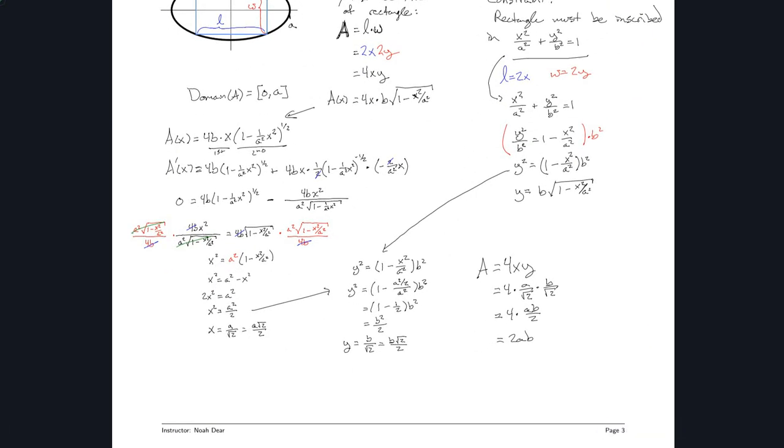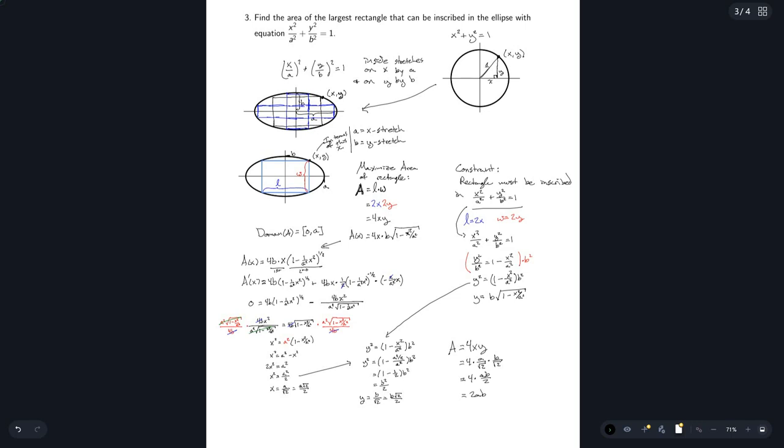So rather than me giving you one problem where a is 3 and b is 2 or something like that, and then you have to go through the process, and then another problem where a is 5 and b is 7 and you have to redo the entire process again, by generalizing a and b, we now have a formula at the end for inscribing in any ellipse. So that's just super powerful.